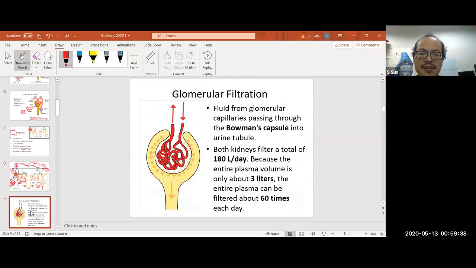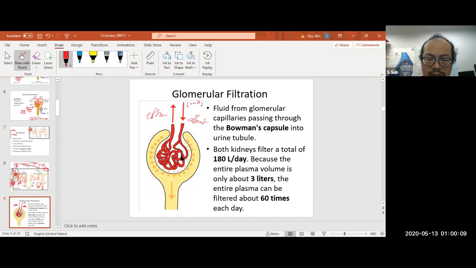All right. So the first one is filtration. This filtration is called glomerular filtration. Here we have the blood going in. This is the afferent. This is the efferent. Blood goes in, and the pressure is very high, about 60 mmHg.